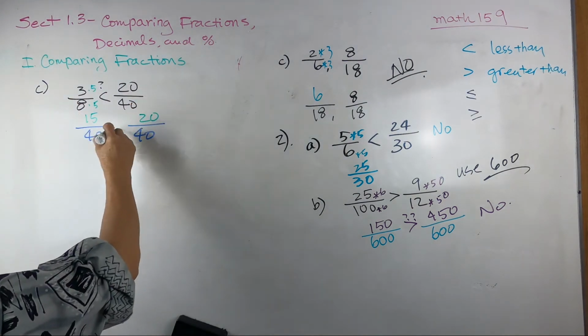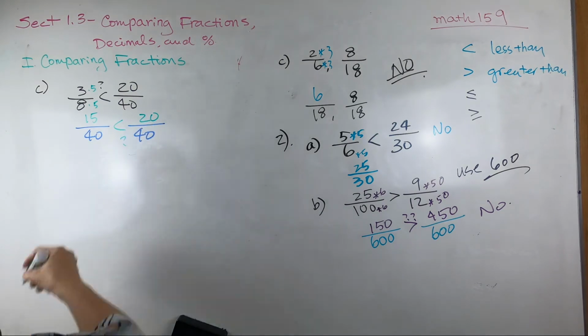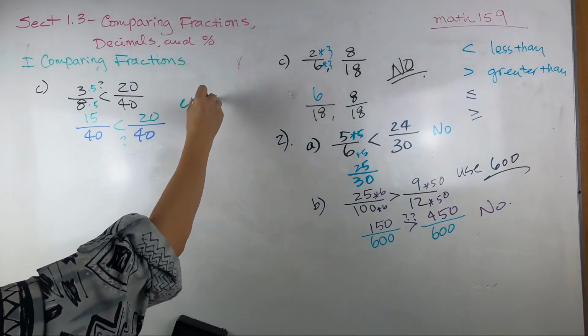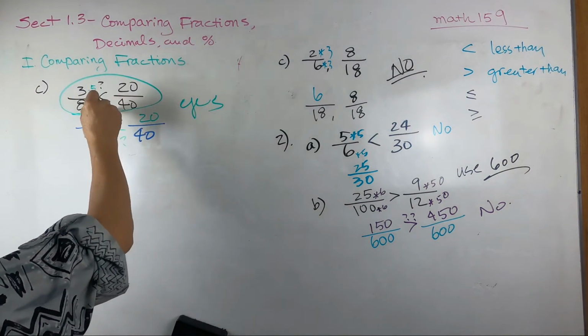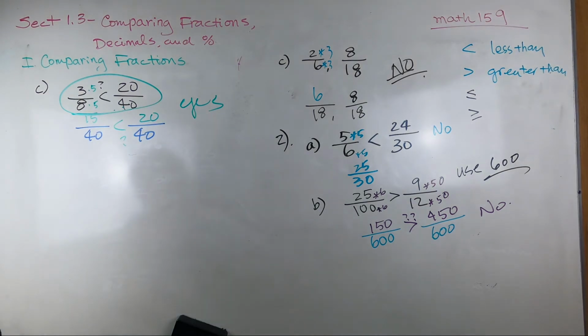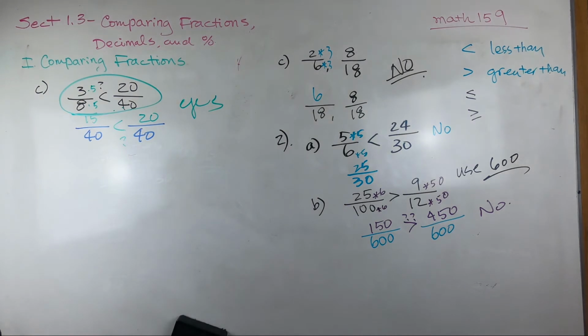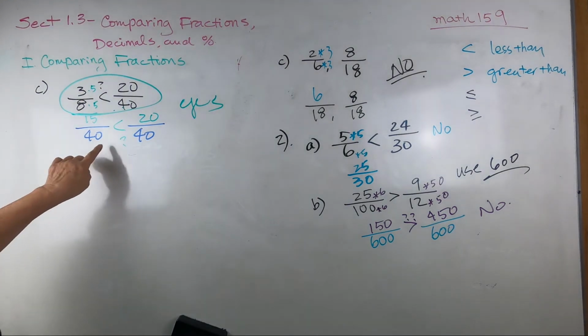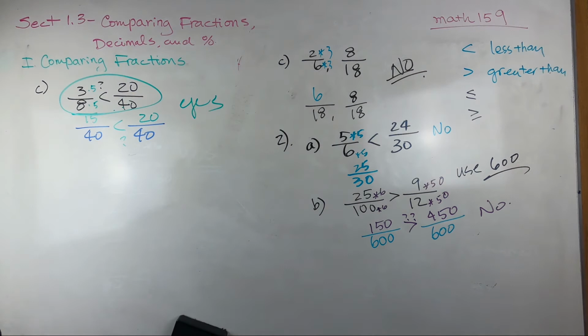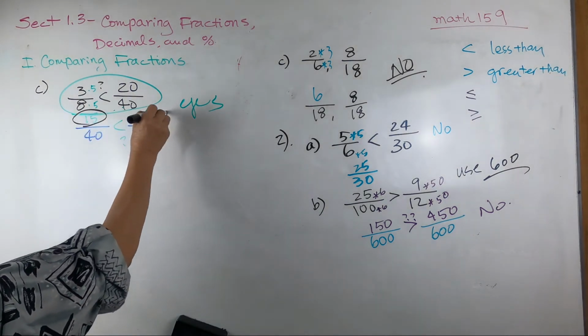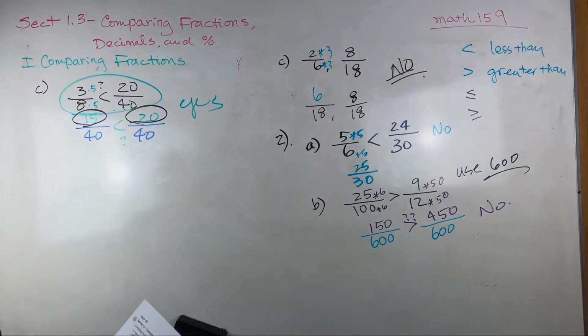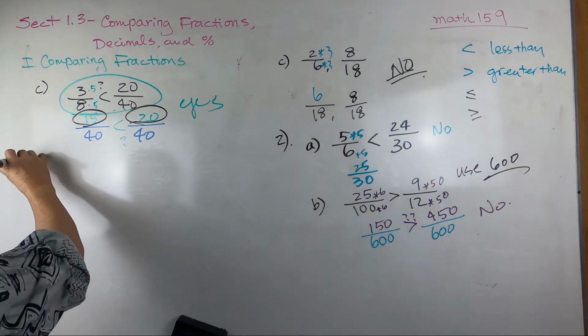This one is 20. Is that less than? Yes. So originally, you look at the fractions, you cannot really see which one is bigger, which one is smaller, right? But if you change to the same denominator, you can just compare the numerator. You can see it right away.